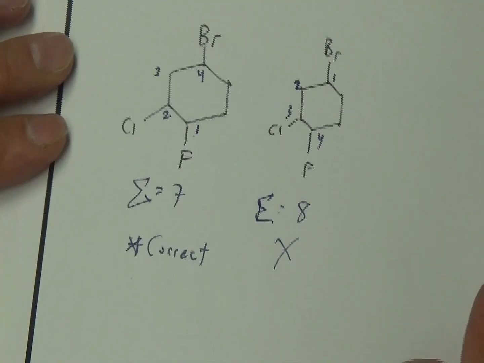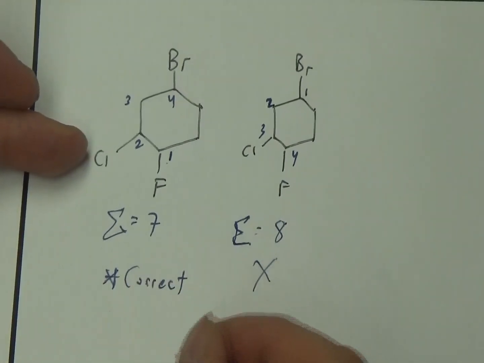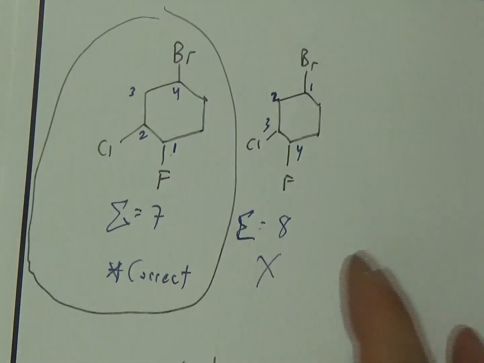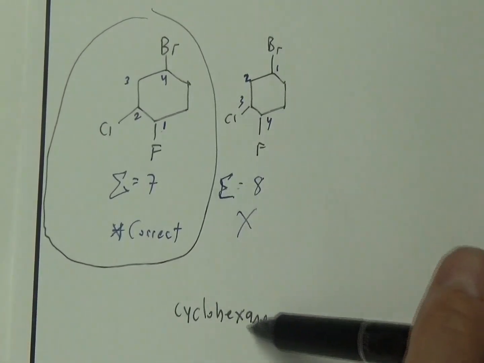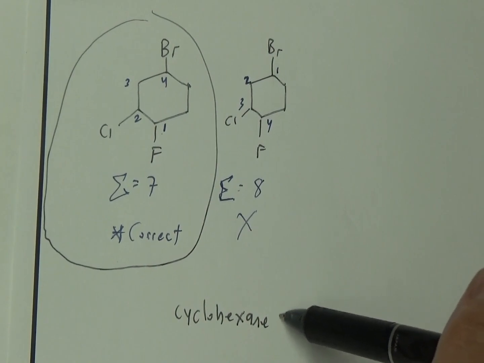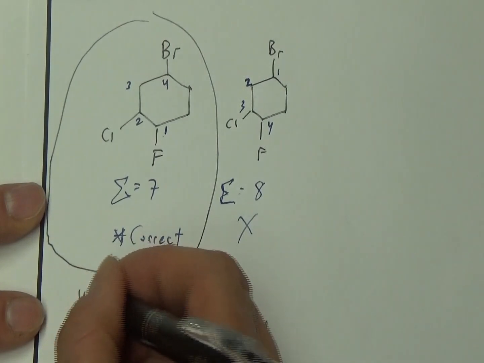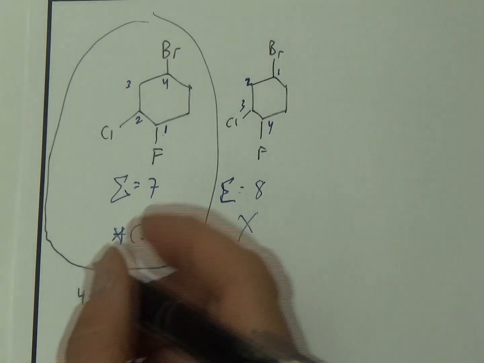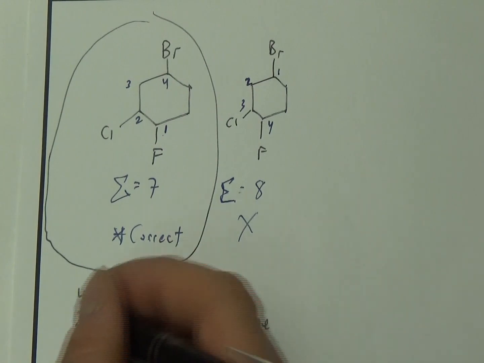How do we name it then? The left one's correct. How do we name it? It's going to be something cyclohexane, but the substituents are listed in alphabetical order. So it looks like it's going to be 4-bromo, something chloro, 1-fluoro.